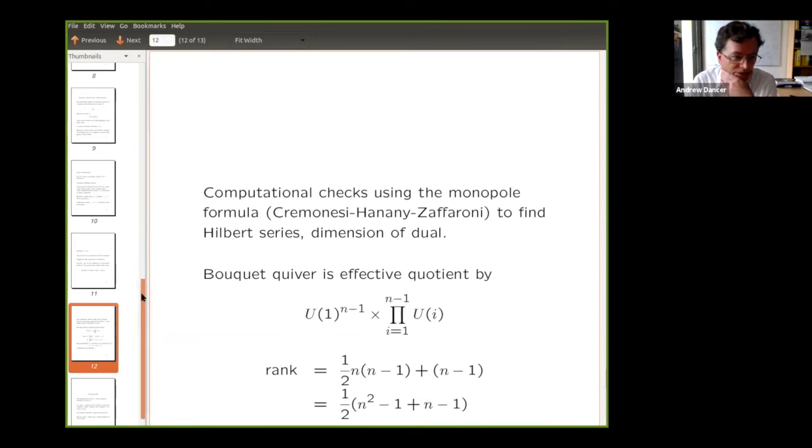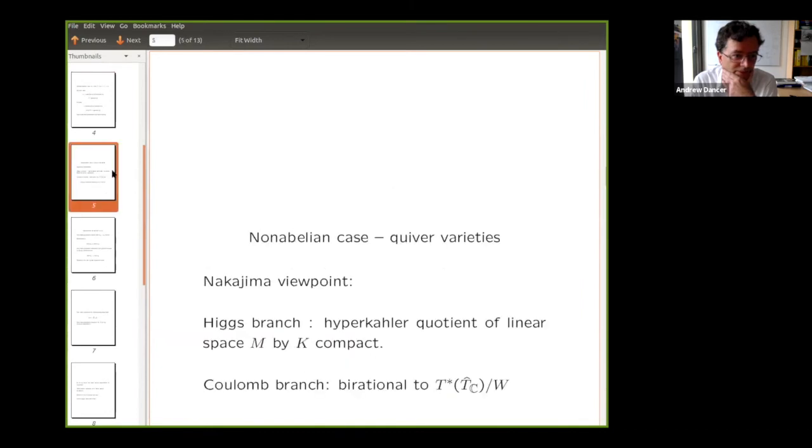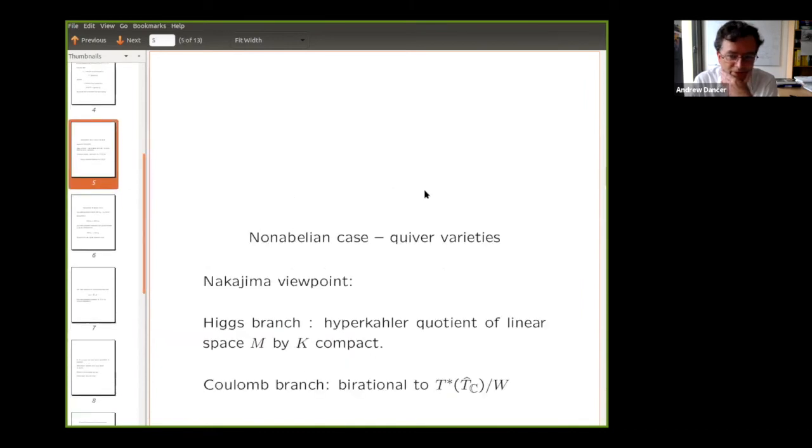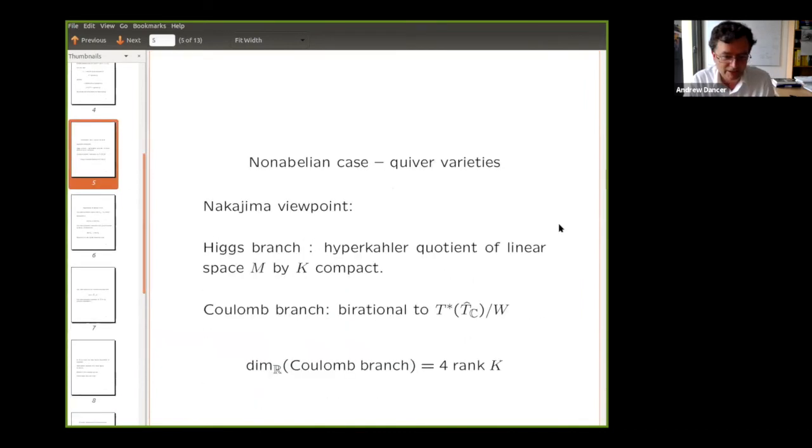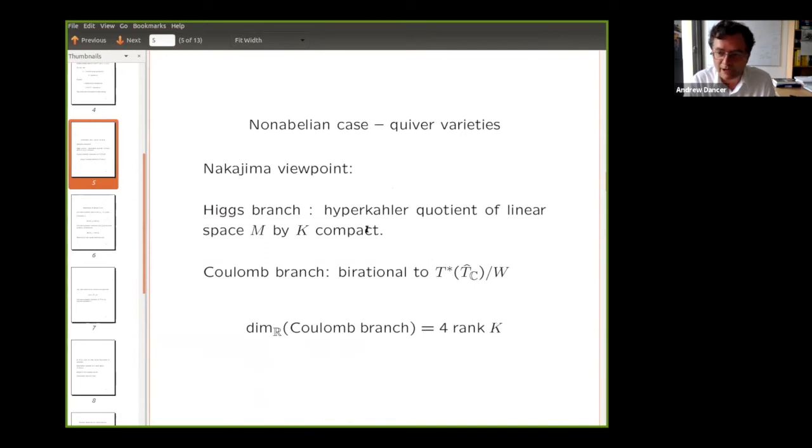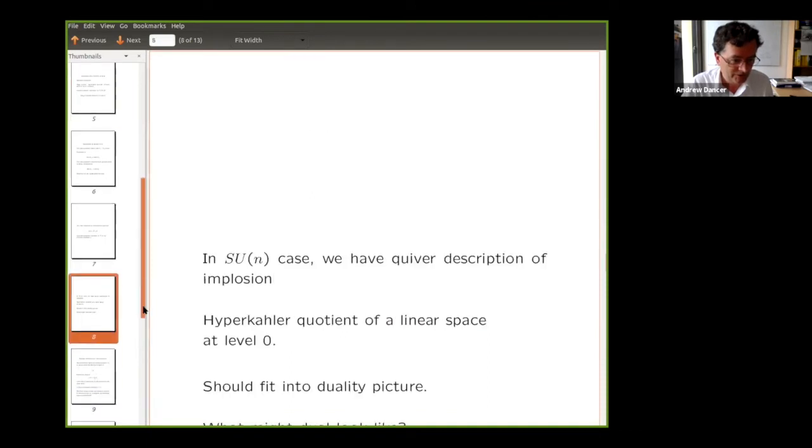Remember, quite early on, I mentioned the Nakajima viewpoint gives you a relation between the rank of the group by which you're hyperkähler reducing to get your Higgs branch and the dimension of the Coulomb branch, because of this birational equivalence.